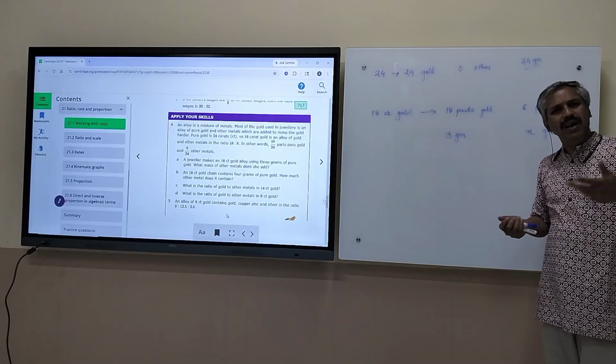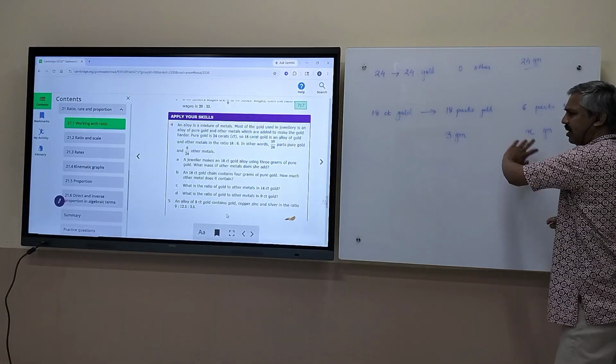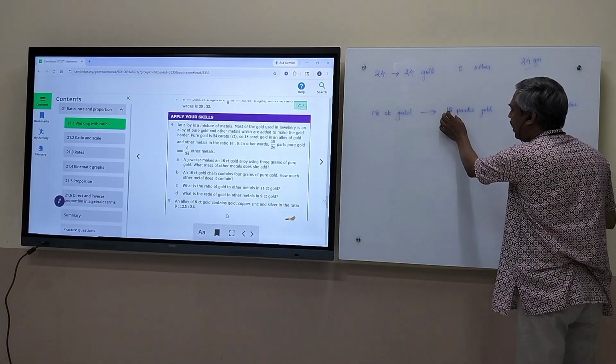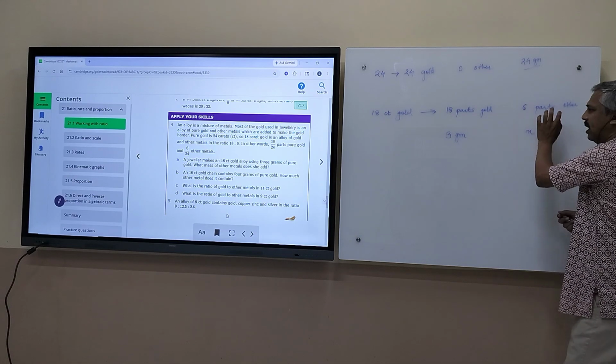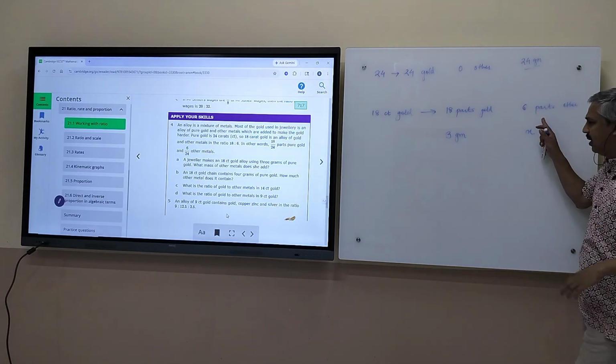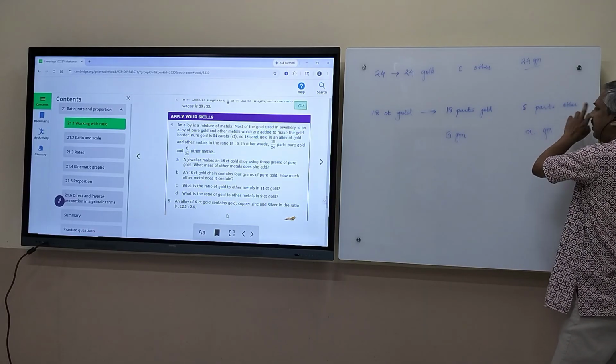What is a part? A part can be 1 gram, half a gram, 0.1 gram, 10 grams, sometimes it is 18 into 10 gram, 6 into 10 gram. Whatever you multiply, the same multiplication would happen here. So 18 parts of gold, 6 parts of other.